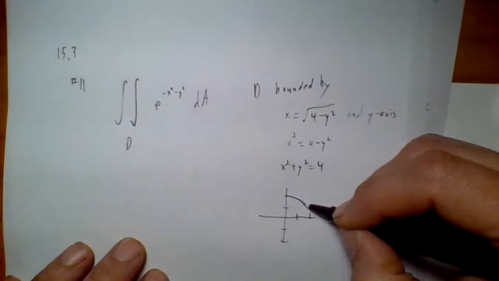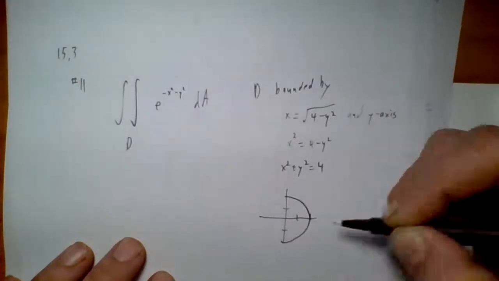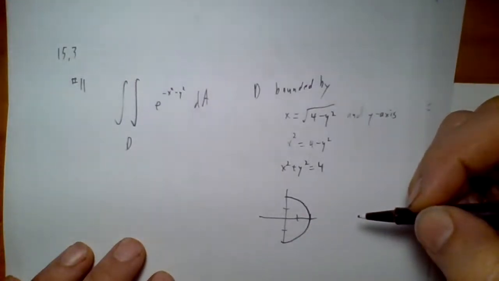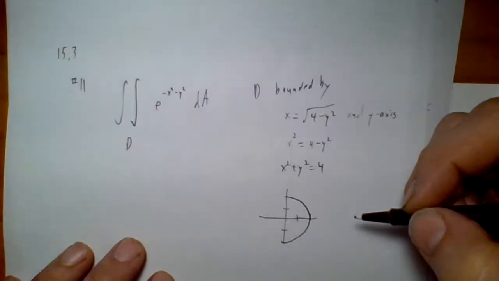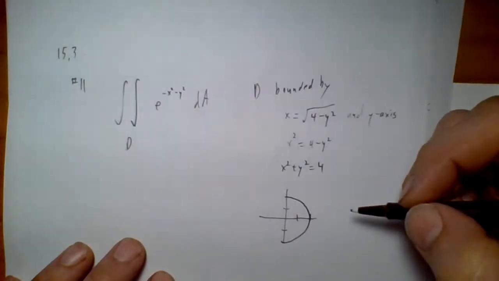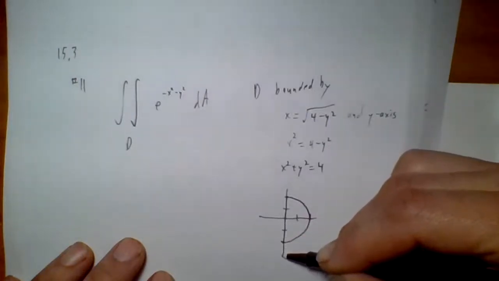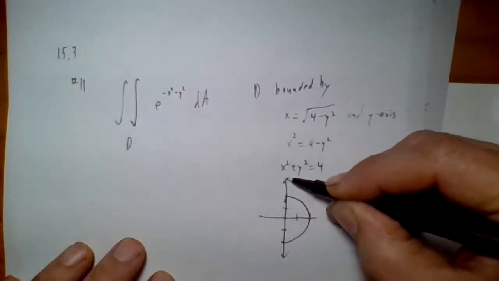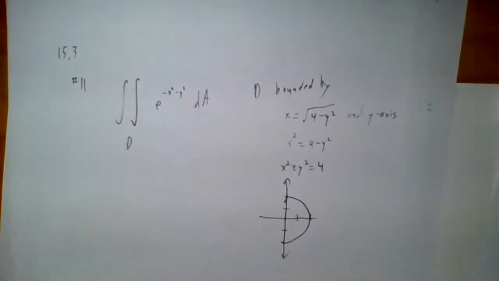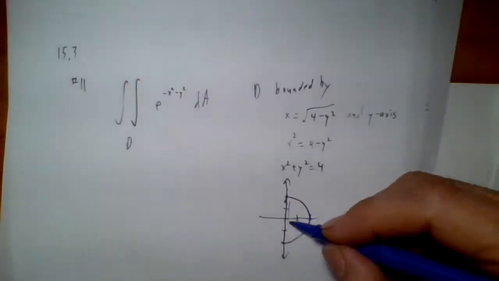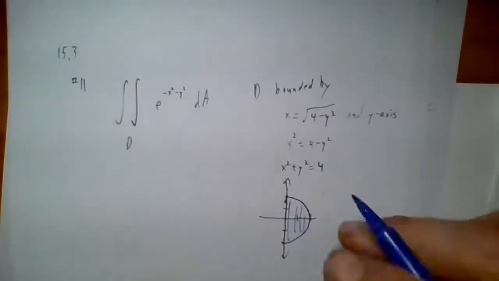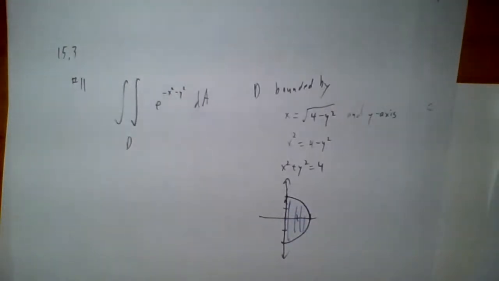So we're only dealing with the positive x values. Dealing with this semicircle where x is positive on the circle of radius 2. And the region bounded by that and the y-axis is the entire semicircle then. So that's the region that we're looking at. It's got a pretty clear right side and left side. It looks like a right side and left side thing.